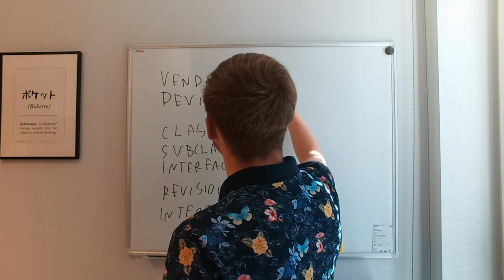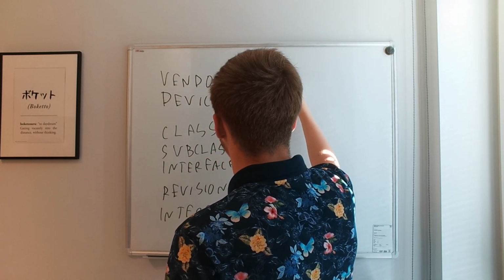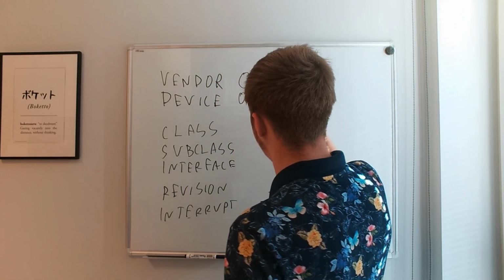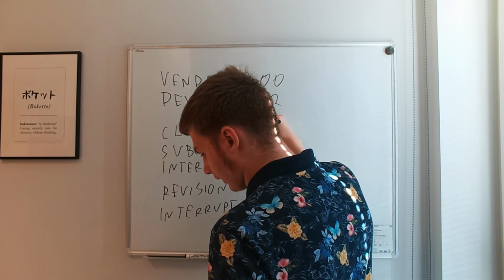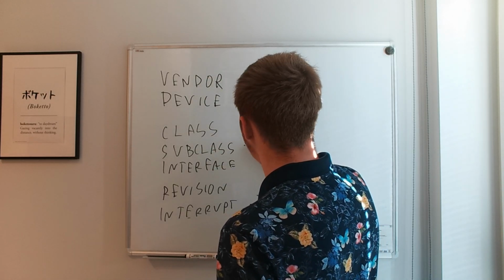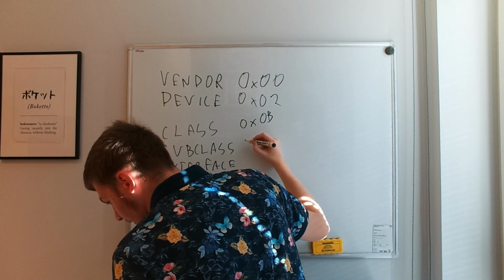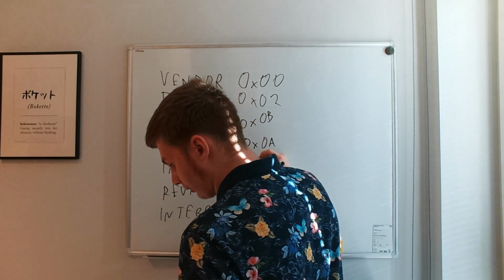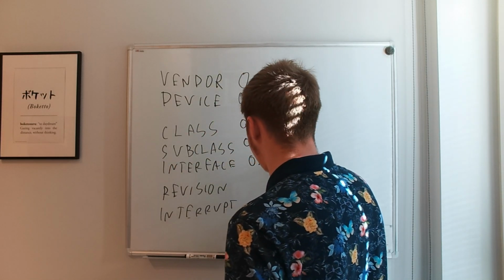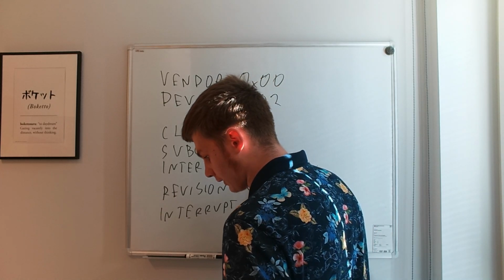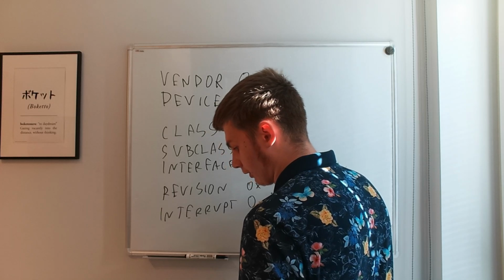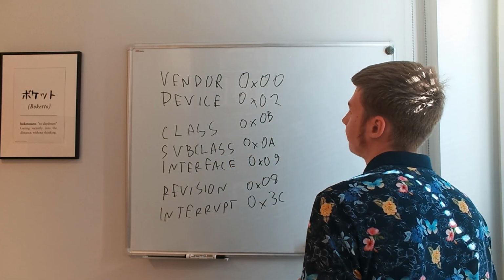So the vendor is going to be at offset 00, and it's also common to write this in hexadecimal. Device is at 02. Class is at 0B. Subclass is at 0A. The interface is at 09. Revision is at 08. And then the interrupt is at 3C.